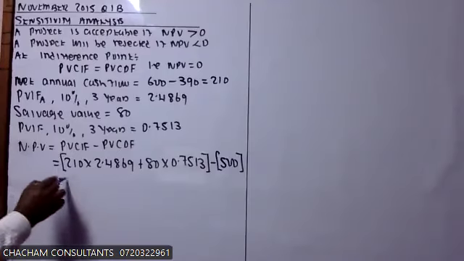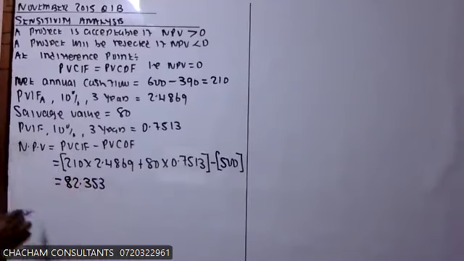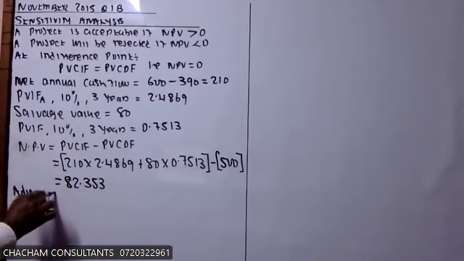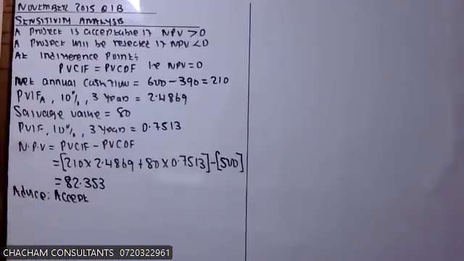The NPV is 82.353. So the advice here is that you accept. That project is acceptable.